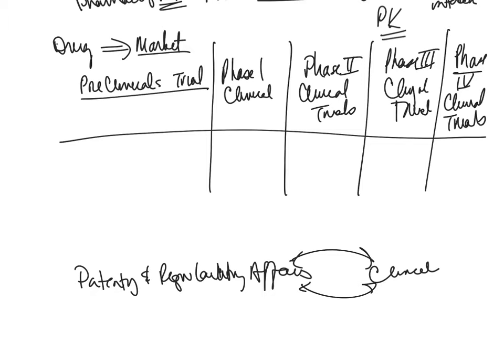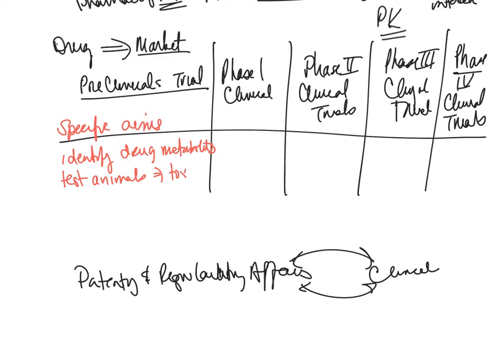Okay, so in preclinical trials, the important specific aims or goals, you have to identify the drug metabolites. And you test in animals. The whole point is you want to determine if there's any toxicity.